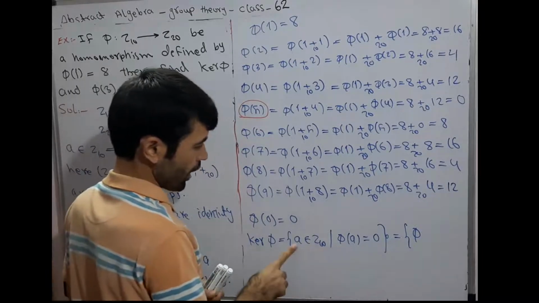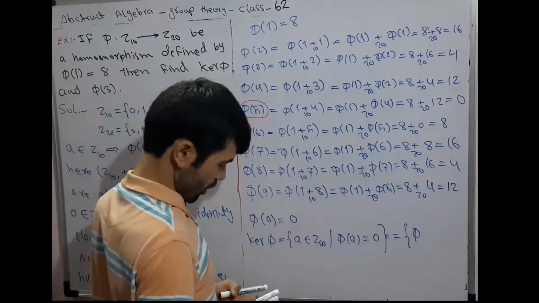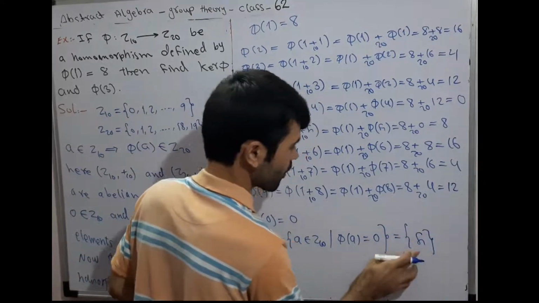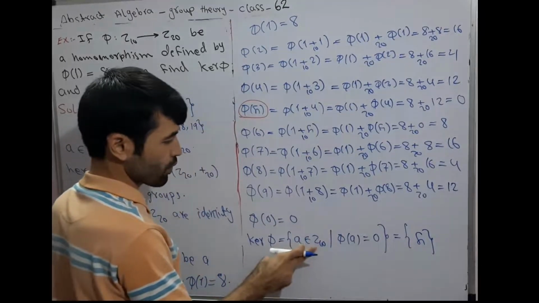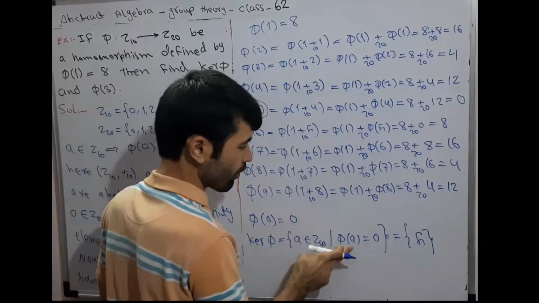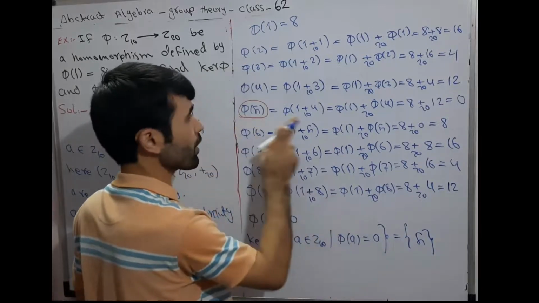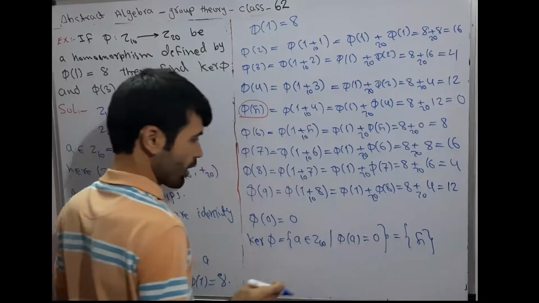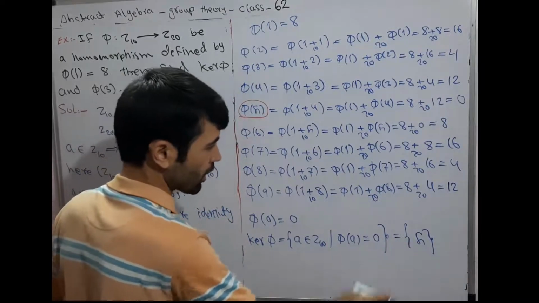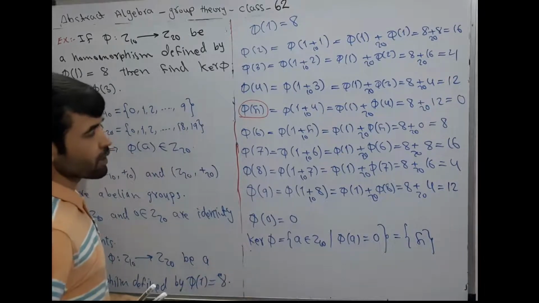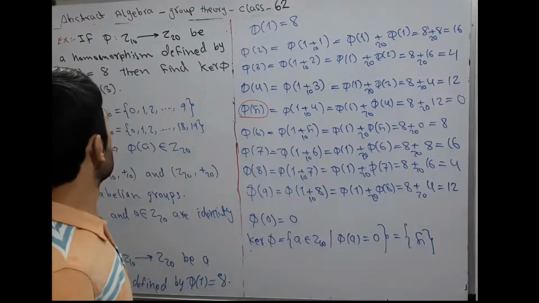Therefore, a is equal to 5. Those elements for which phi of a is equal to 0: phi of 5 is equal to 0. Therefore, a is equal to 5. Kernel of phi is equal to {0, 5}. It was the solution of this example.